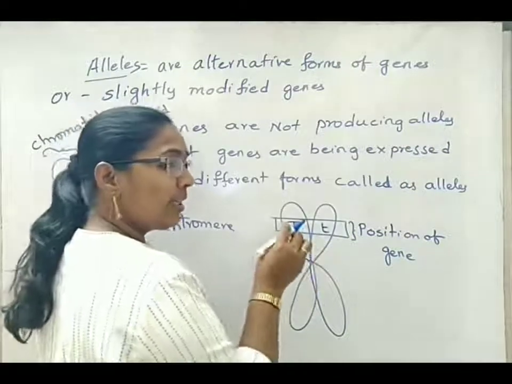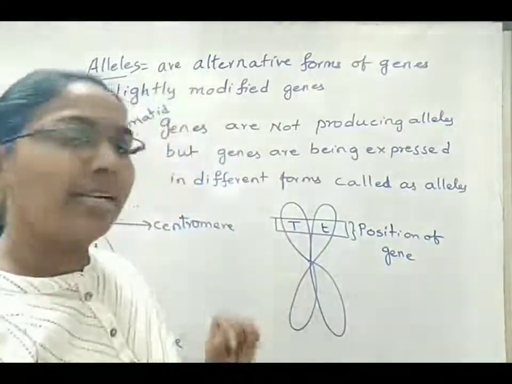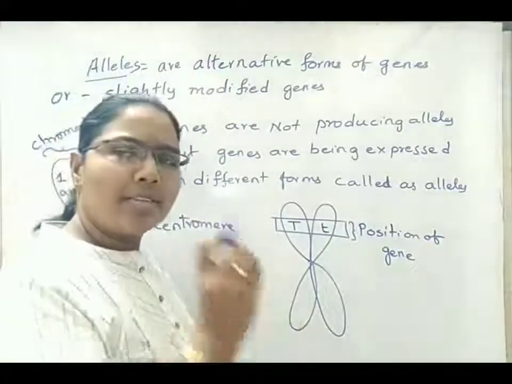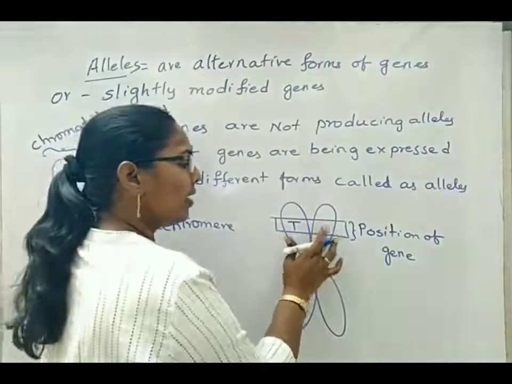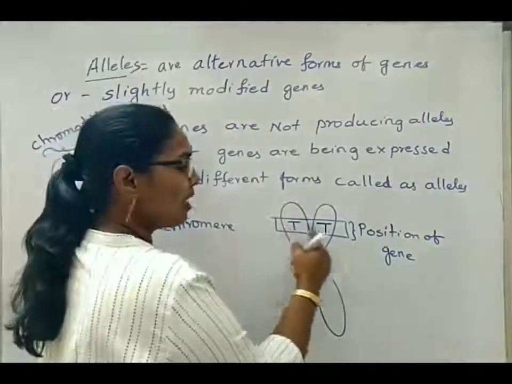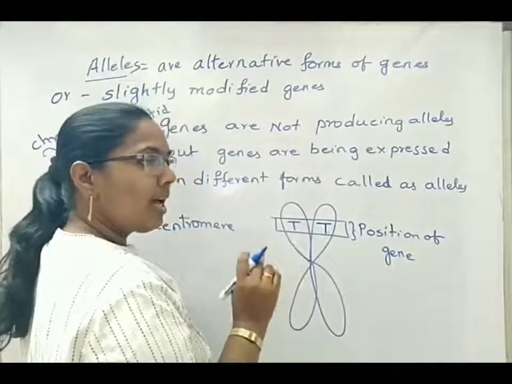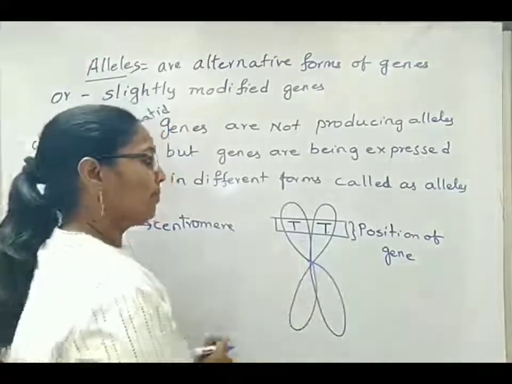If the genotype is with different allele forms, then we can write like this. If it is considered as a pure plant with a pure type of tall genes, then we can write this one like this. So, this position on the chromosome is having the gene that is responsible for height of the plant.